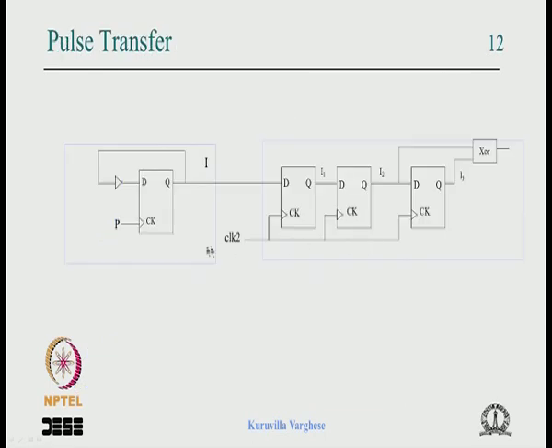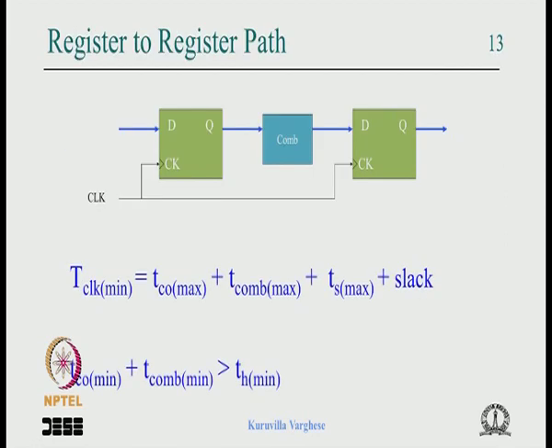So that's a circuit, and I have shown it combined together. You have a pulse to level circuit or pulse to toggle circuit, and this is a toggle to pulse back circuit. And we have discussed when we have a register to register path, be it a state machine, a sequential circuit or a data path, where a register, a combination circuit, a register.